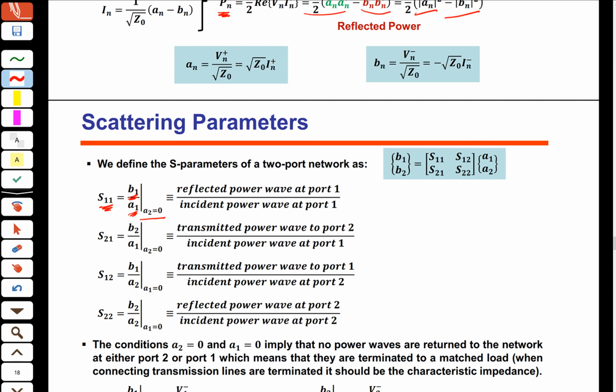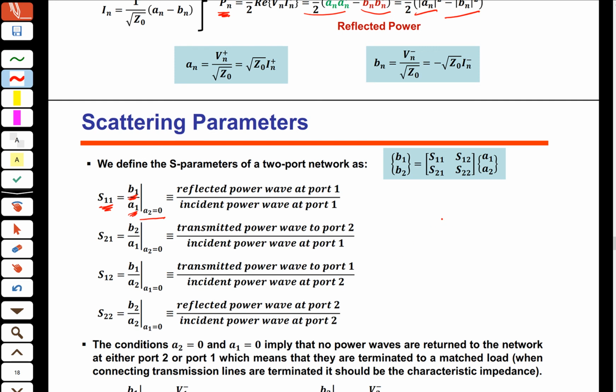No power coming to port 2. Short circuit? No. Match, not mismatch, match. Yes, no power is coming from port 2. If you match port 2, nothing is coming back.